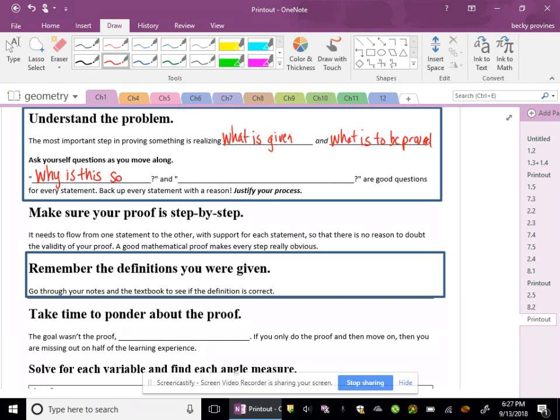And the other thing we have to ask as you move through a proof, is there any way this can be false?